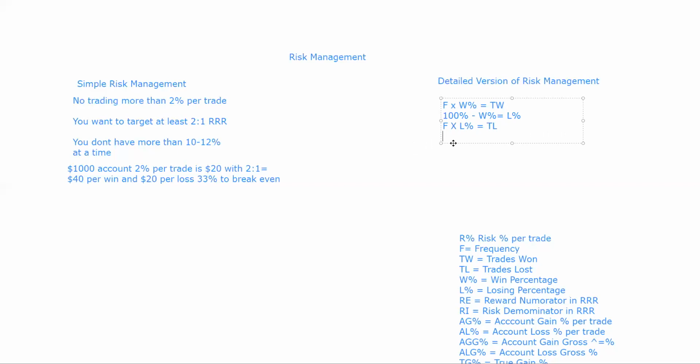So then you would input your reward. Your reward numerator would be 2 if you're going for 2 to 1. So you know the formula is your reward times your risk percentage.